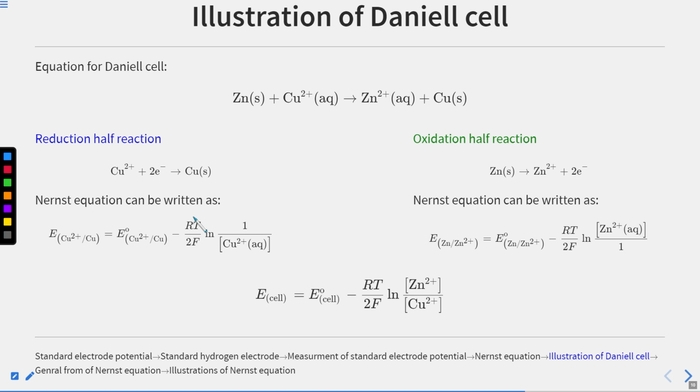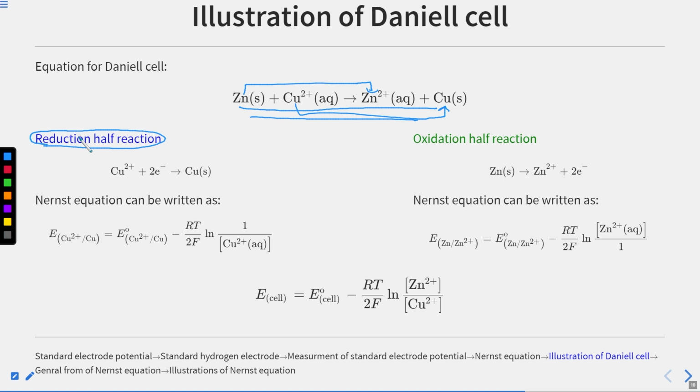Let us get the modified form using our Daniell cell illustration. So this is our Daniell cell equation, if you remember, in which zinc is getting oxidized and copper is getting reduced. First of all we will consider the reduction half cell.